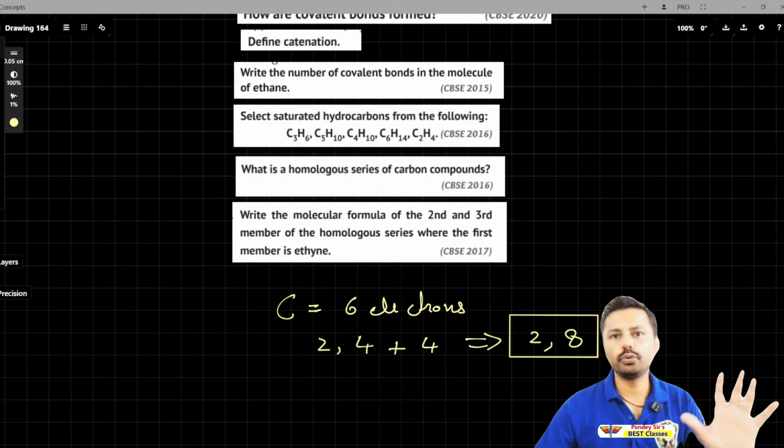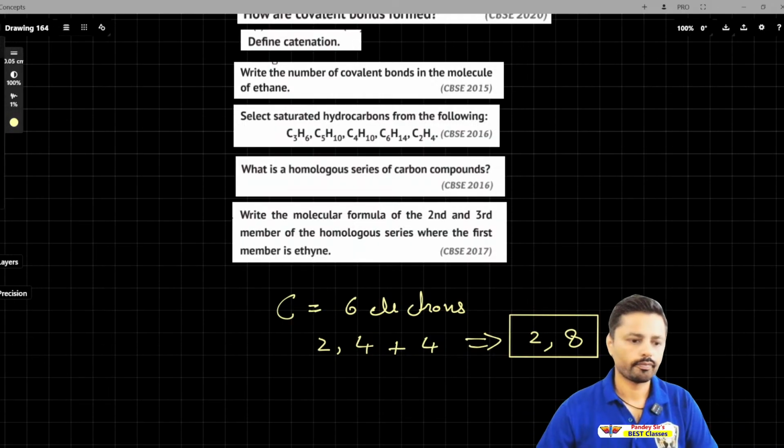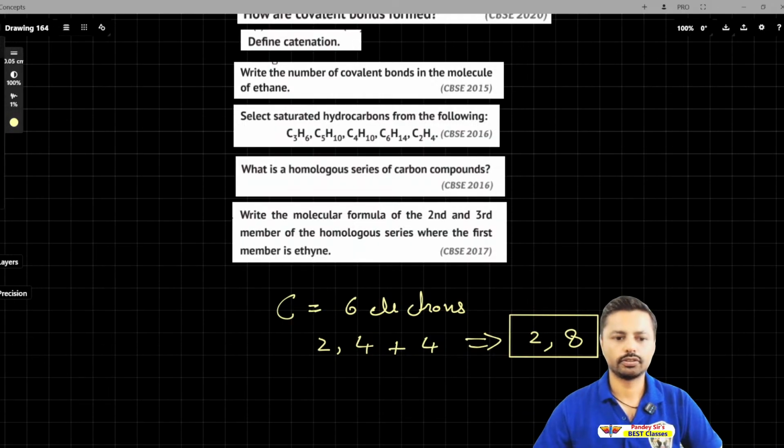So let's see how these molecules form. Meaning, what is the structure?